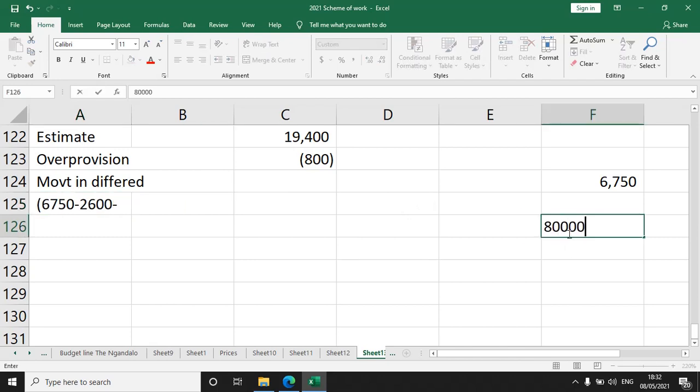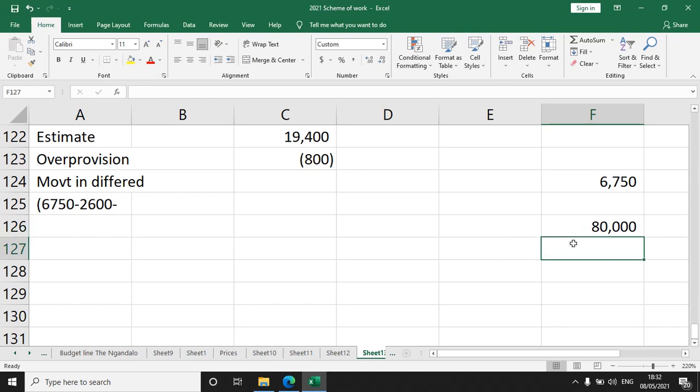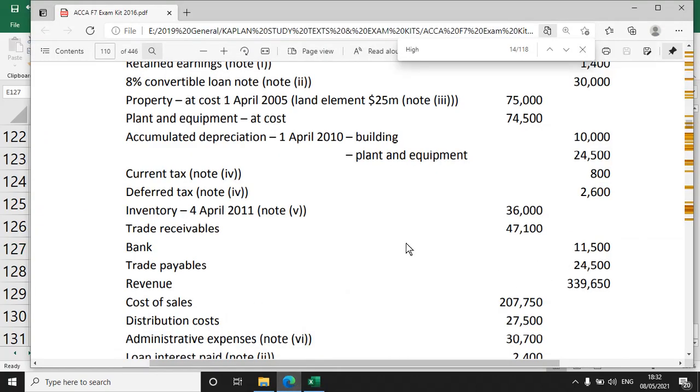Remember, the asset was valued at 80,000, but at that date, what was the carrying value? According to the trial balance, the carrying value of the asset stood at 75,000 less 10,000. That is obviously 65,000.